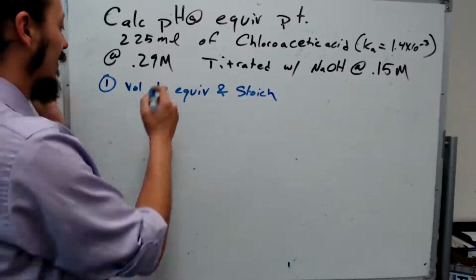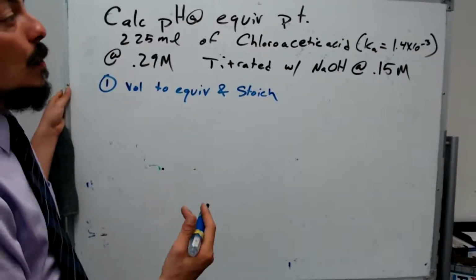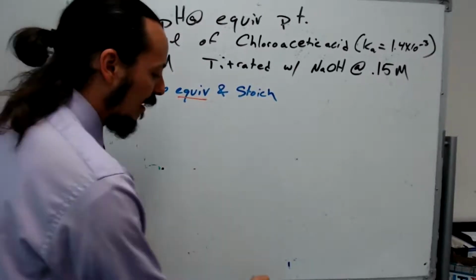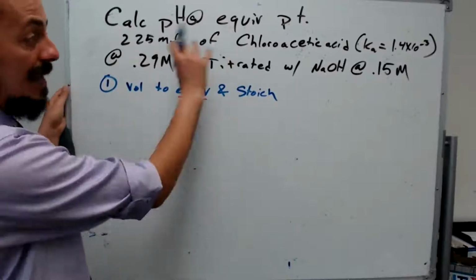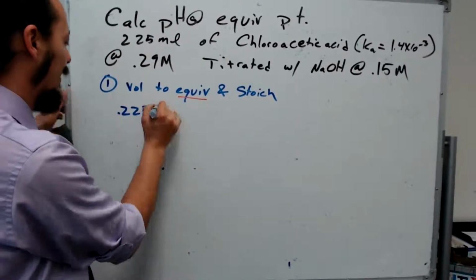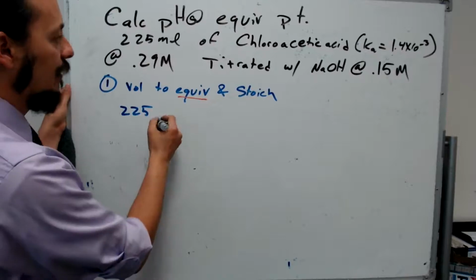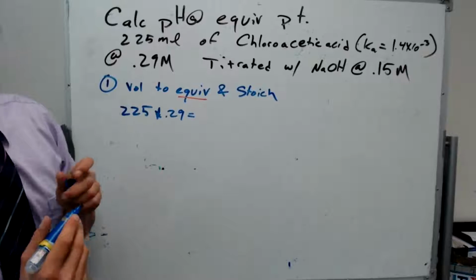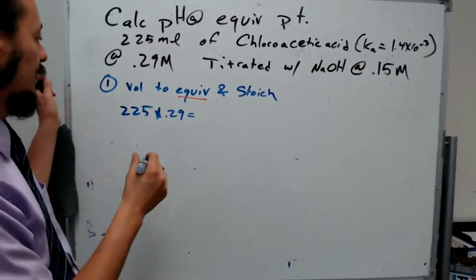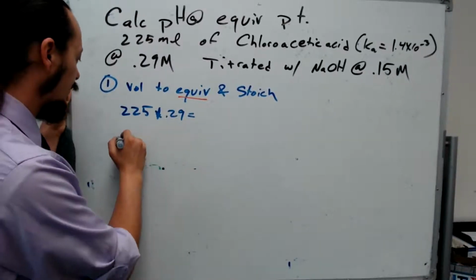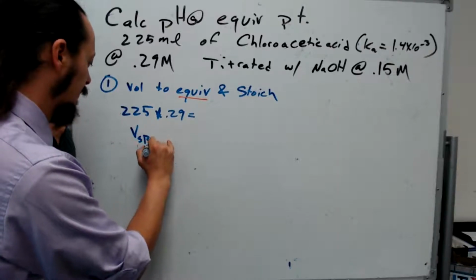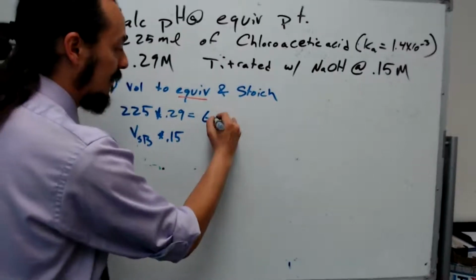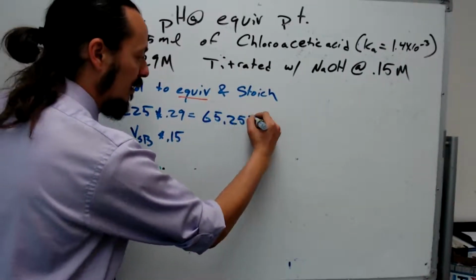So if we look at this, we say, okay, volume to equivalence point. Because of the definition of equivalence point, we know that the moles of my weak acid, that is 0.225, let's do millimoles, 225 times 0.29, calculator help? 65.25.